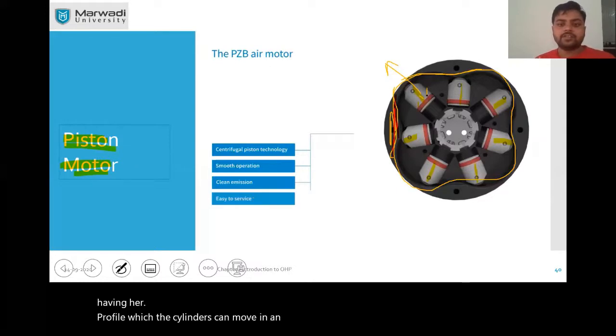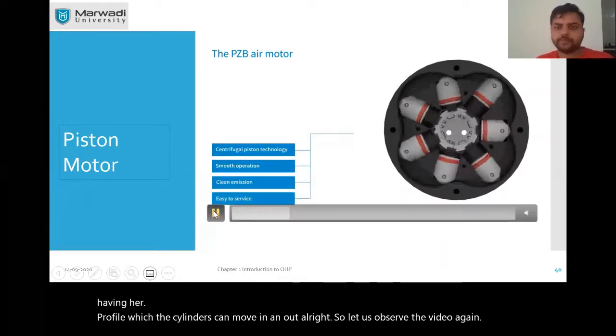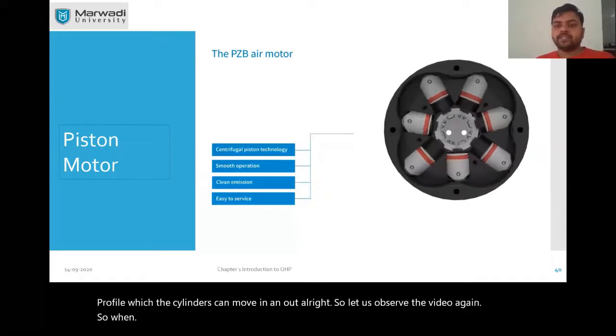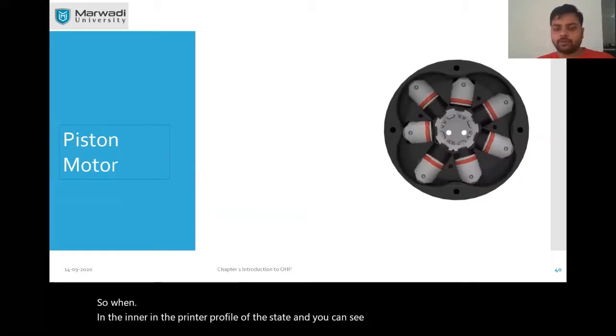Let us observe the video again. In the inner profile of the stator, you can see the pistons moving in and out.